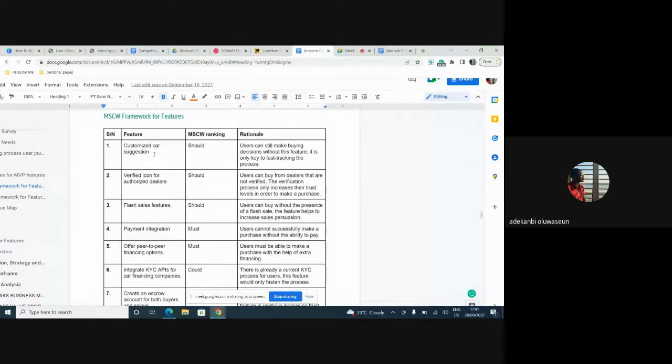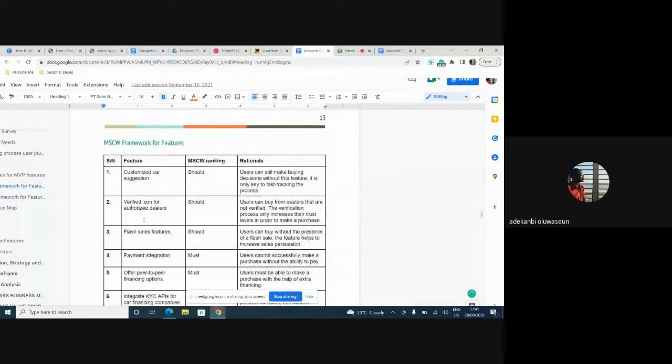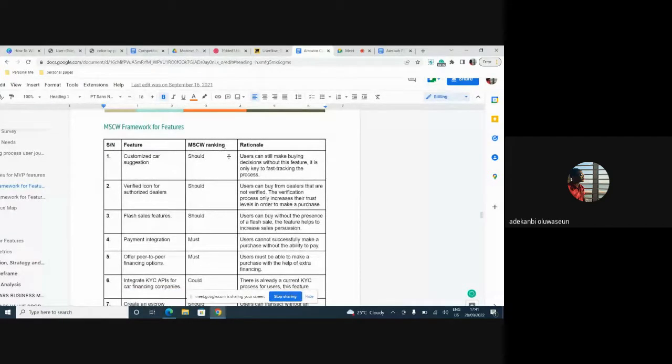These features you are seeing here are examples of features I suggested for the hypothetical e-commerce for selling cars. So you had the customized car suggestion. This is a should, because it's not a must. You can come there and buy a car without any suggestion coming through.